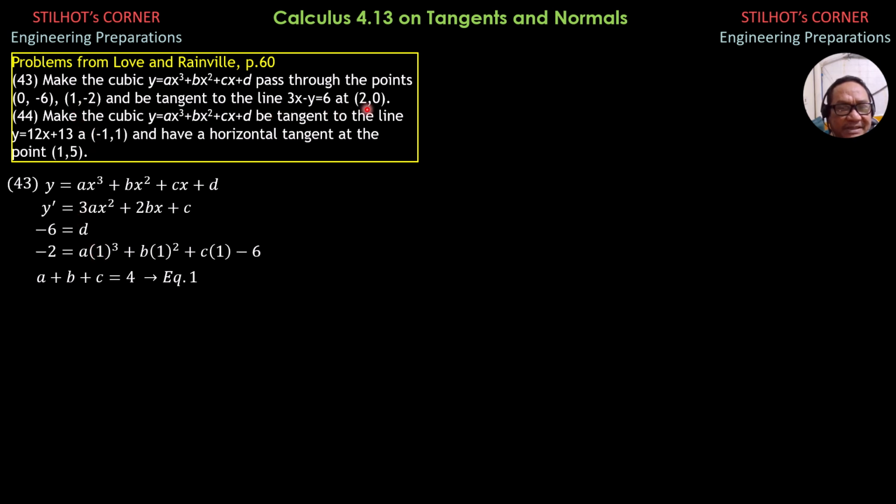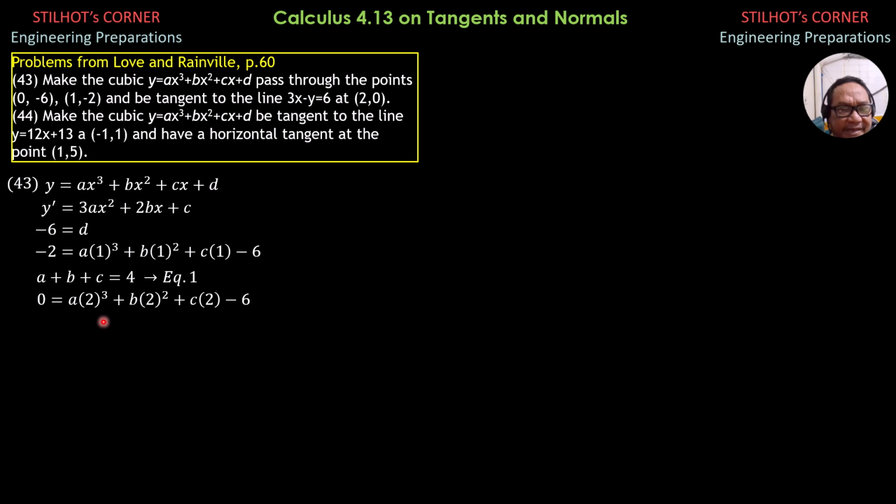So (2, 0) next. So 0 equals a times 2 cubed plus b times 2 squared plus c times 2 plus negative 6, which is d. Simplifying, this is 8a plus 4b plus 2c equals 6. Divide everything by 2.